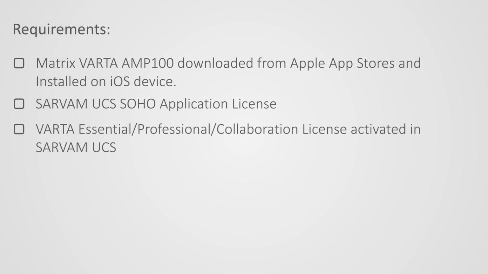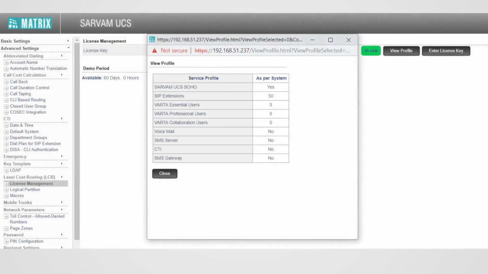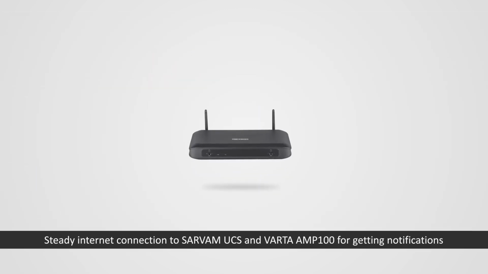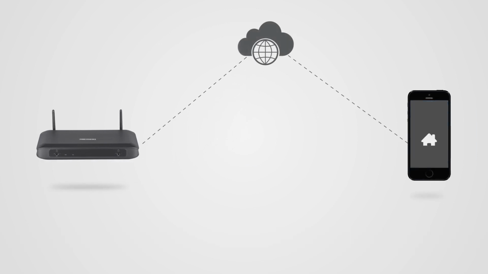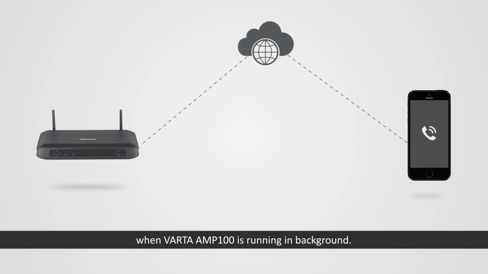VARTA Essential, Professional or Collaboration License, activated in SARVAM UCS. Steady Internet connection, to SARVAM UCS and VARTA AMP100 for getting notifications. When VARTA AMP100 is running in the background.